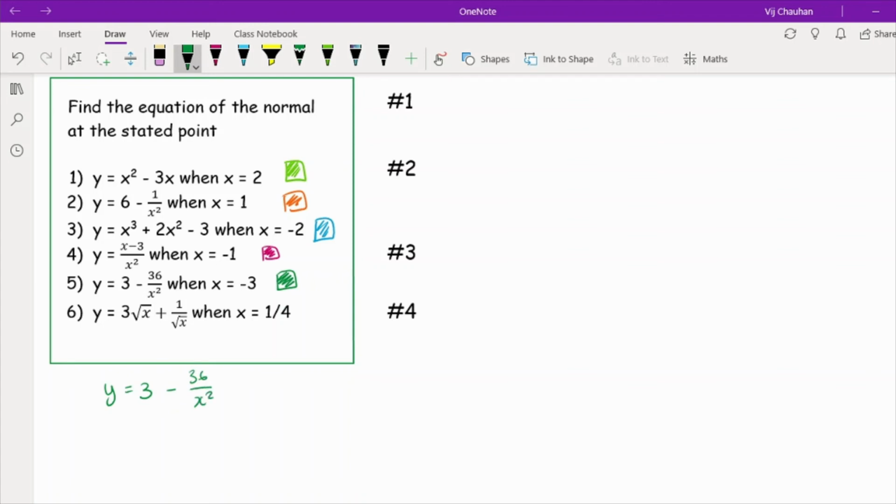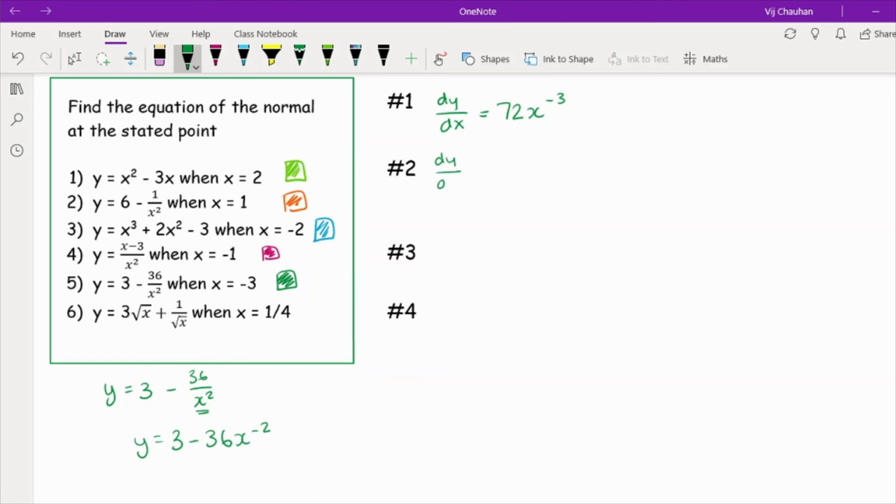So I just need to rewrite this here, which then becomes 3 minus, the numerator goes in front, and I just move the denominator with a minus power and the power staying as it is. So working out my dy dx from that, the 3 just disappears, I've got minus 2 times minus 36, which is positive 72, and I lower the power by 1.